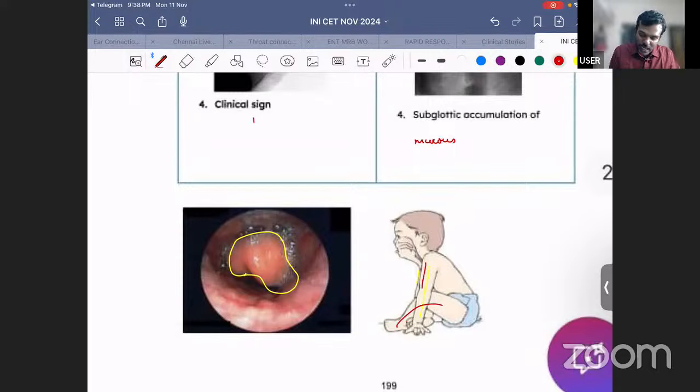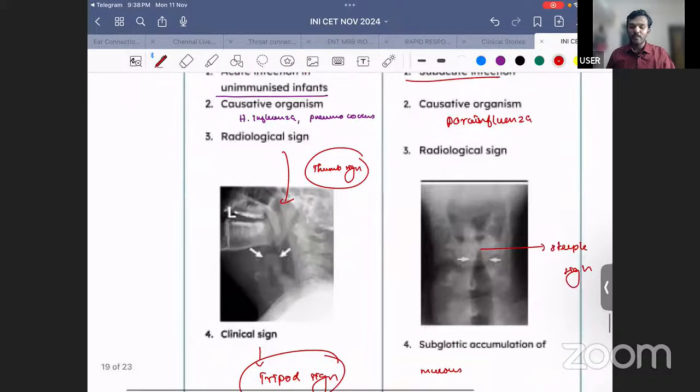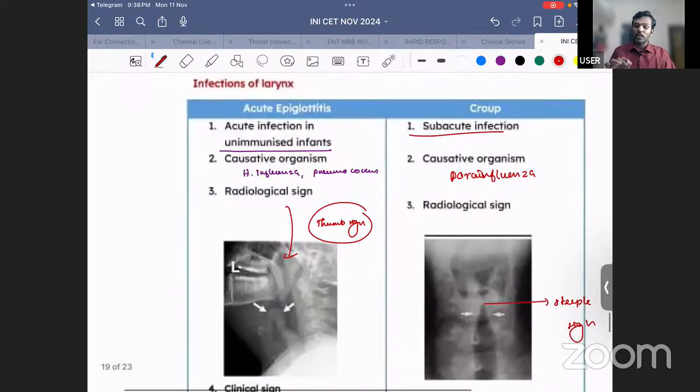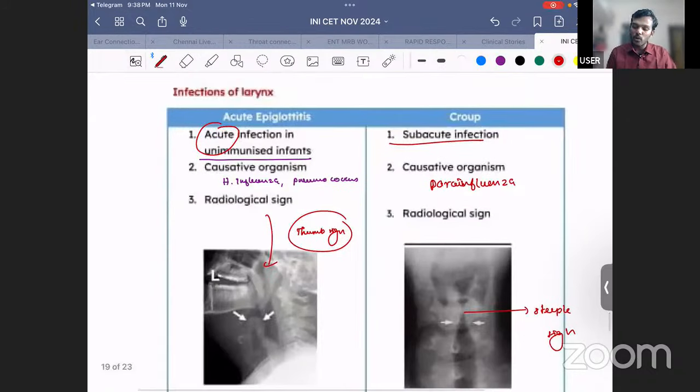The child acquires a tripod position to open up the airway, which is highly inflamed in acute epiglottitis. That is called the tripod sign, which is a clinical sign. The thumb sign in a lateral X-ray is a radiological sign. So this is acute epiglottitis, a very acute infection, whereas the question asked about croup is a subacute infection caused by parainfluenza virus A and B.